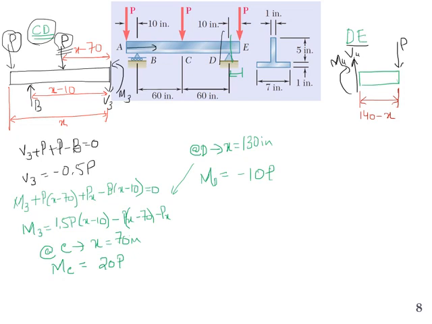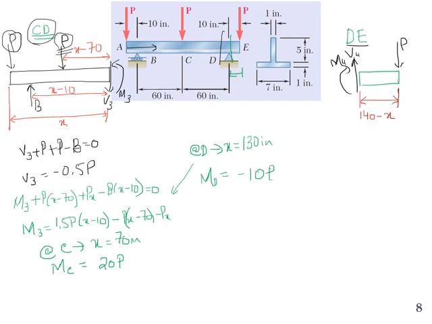From C to D there is a variation from 20P to minus 10P. The moment will change linearly because shear force is constant between C and D.